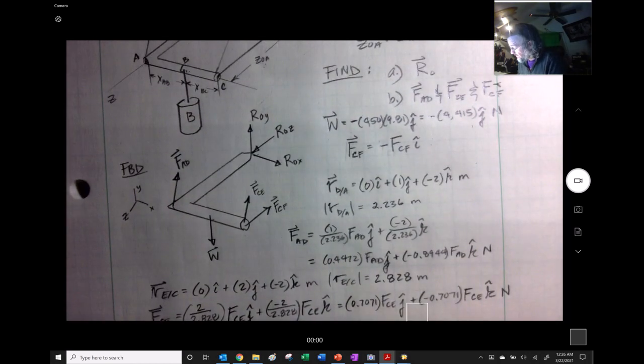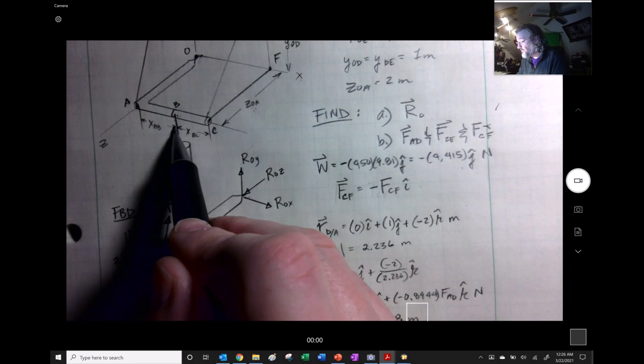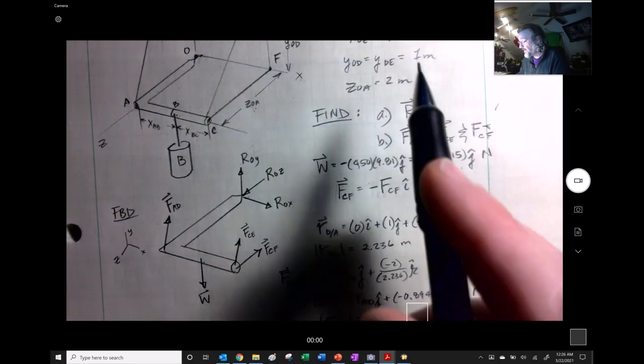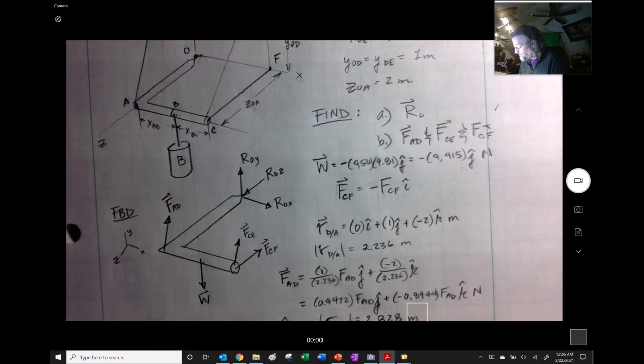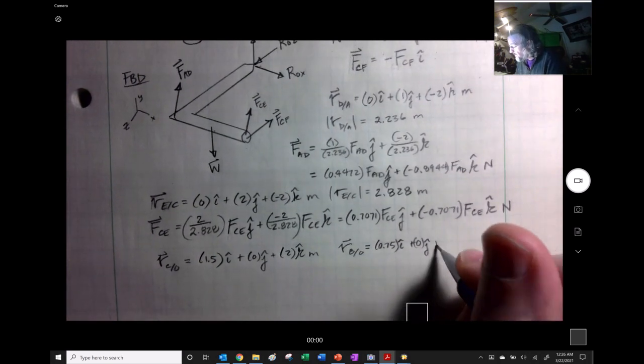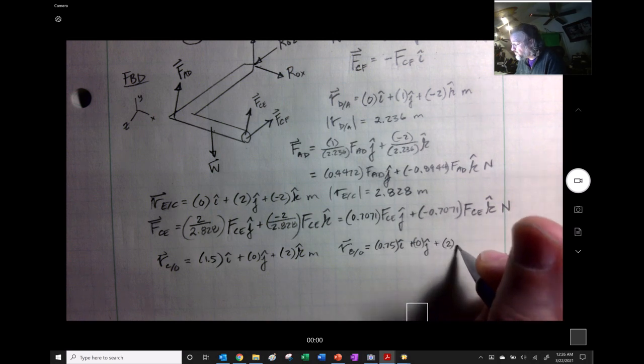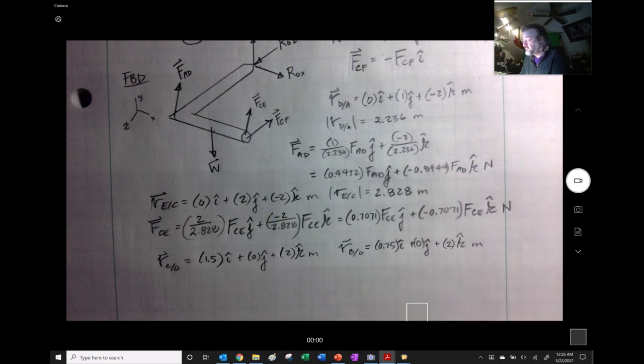And we're going to have our position vector of B with respect to O. It's only going to go 0.75 in the I direction, 0 in the J direction, and I still think it's going to be 2 in the K direction.